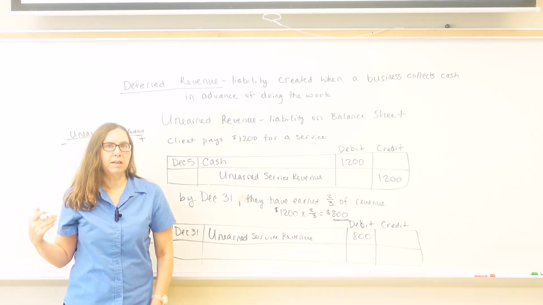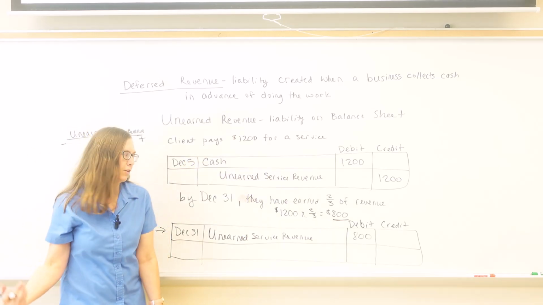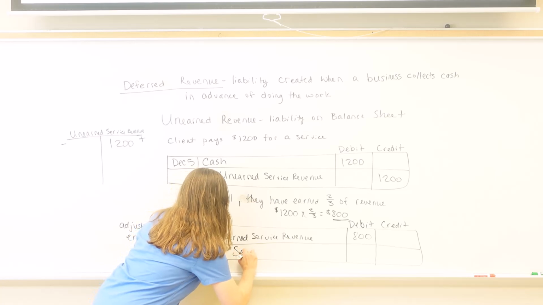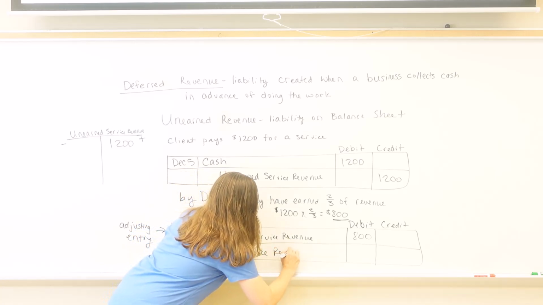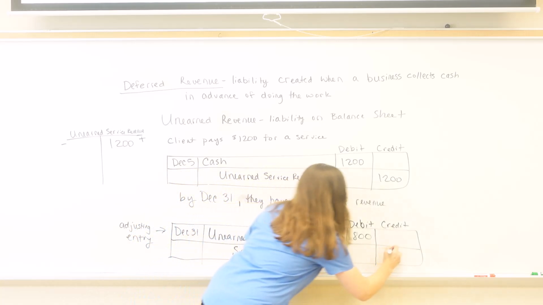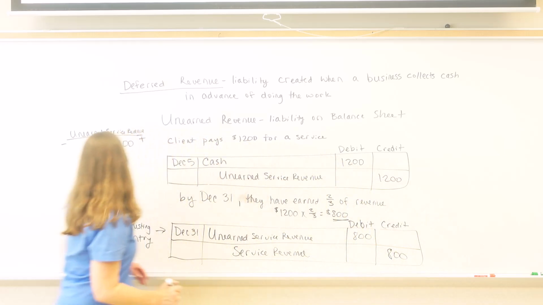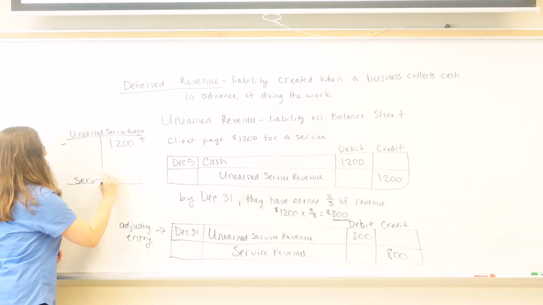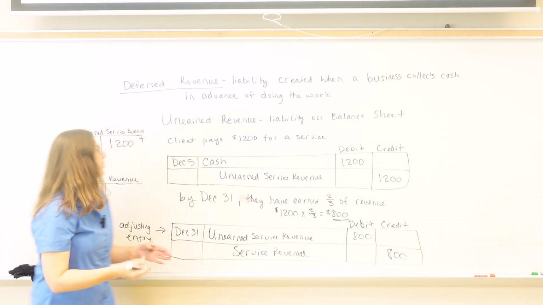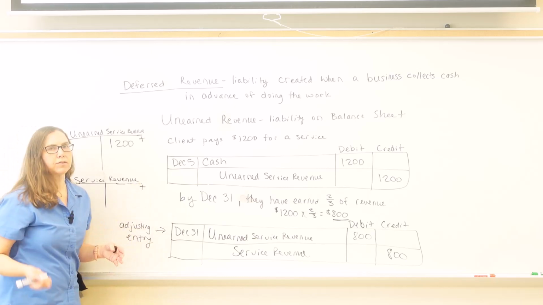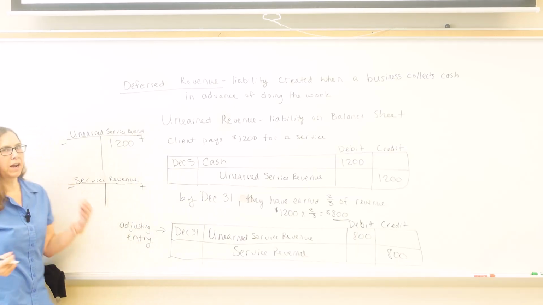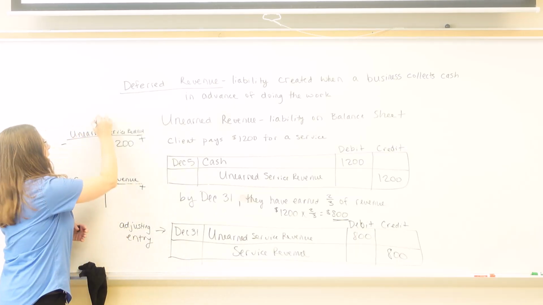And then we would want to place it in the regular service revenue account with a credit. So for revenue accounts, we add to those with credits, subtract from those with debits, so they have the same rule as the liability account.